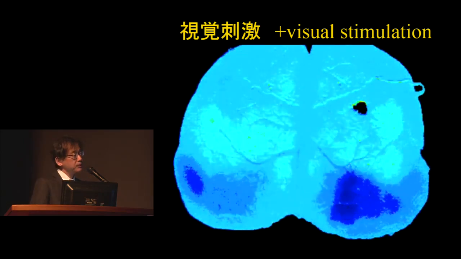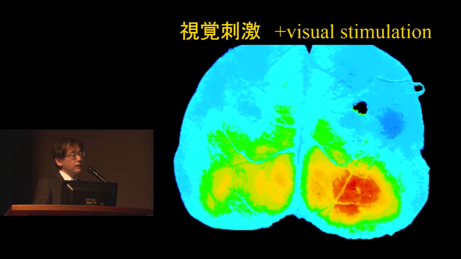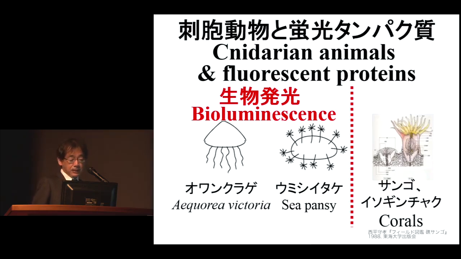So I told you about GFP and its mutants. And not only the jellyfish, but some other cnidarian animals, especially corals, can produce quite similar fluorescent proteins. Okay. So I'm focusing on corals.